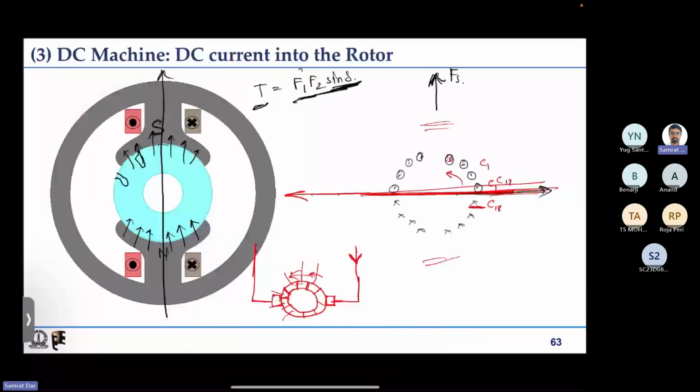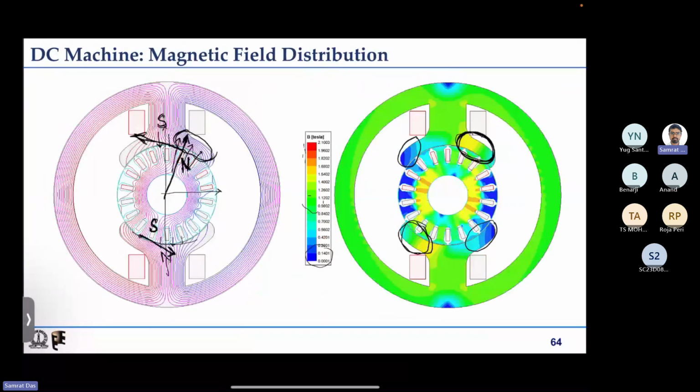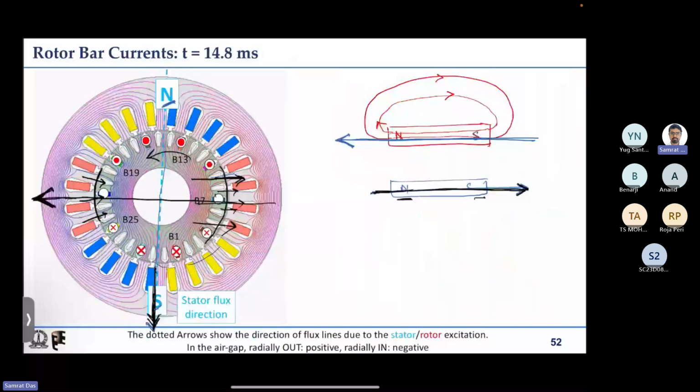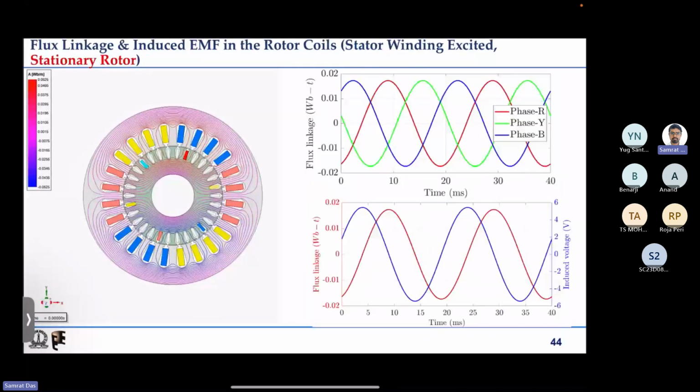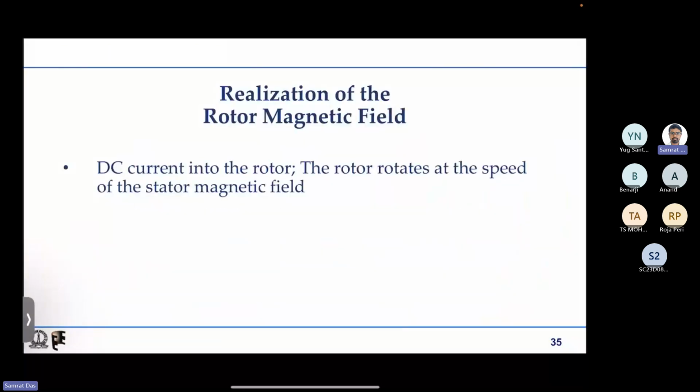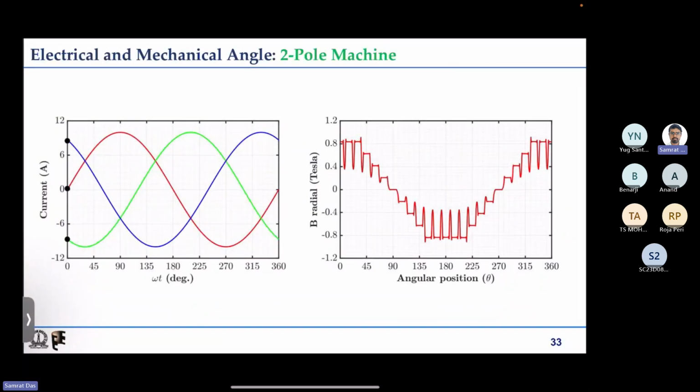Okay, is there any other question in nearby slides or regarding the DC machine, whatever I have discussed? Okay, then I'll go to 33.